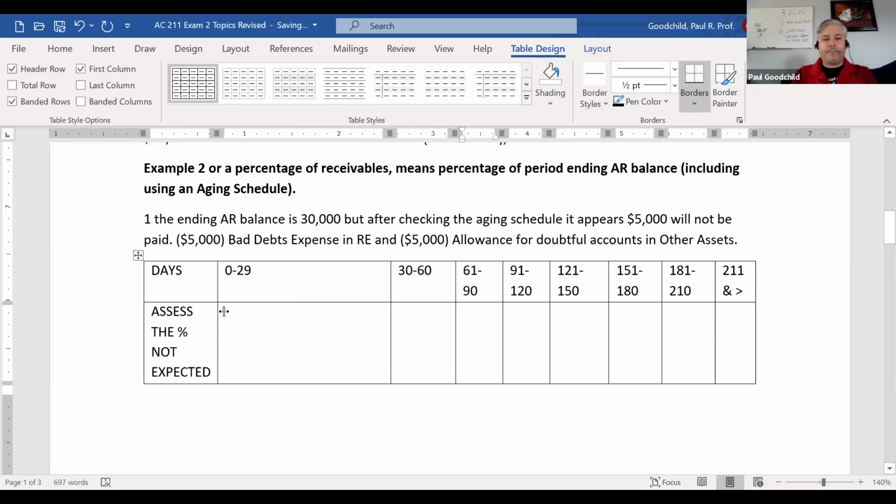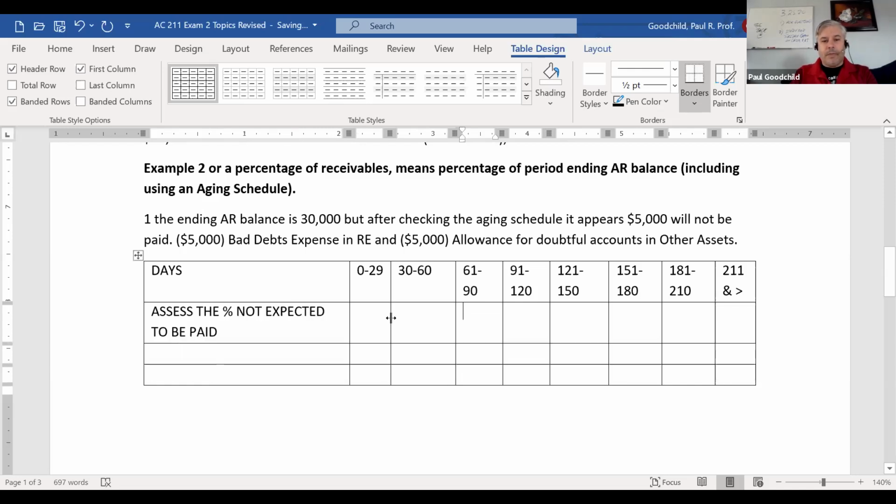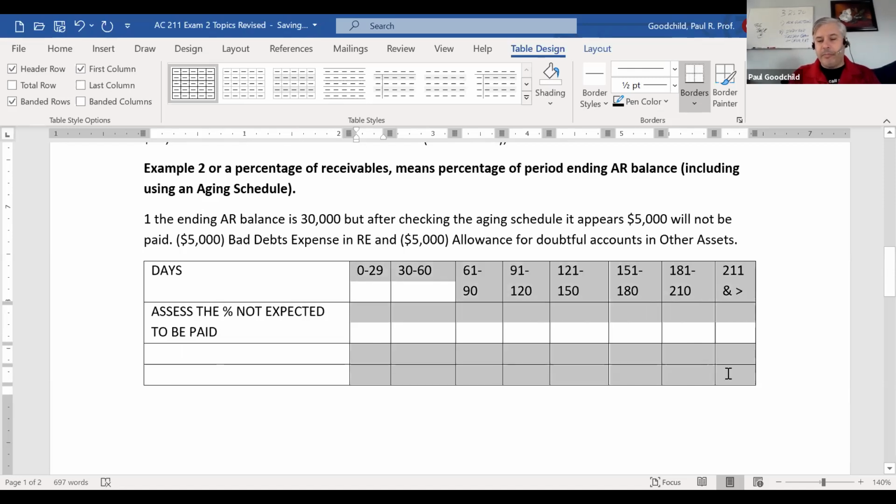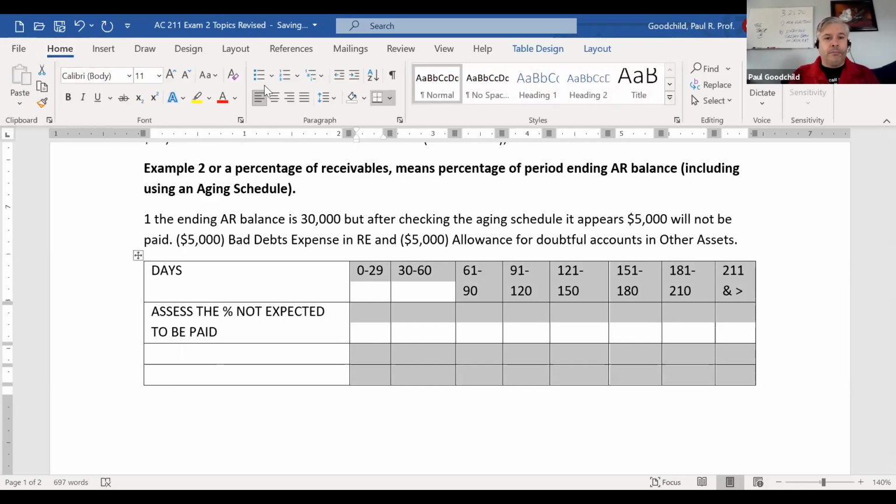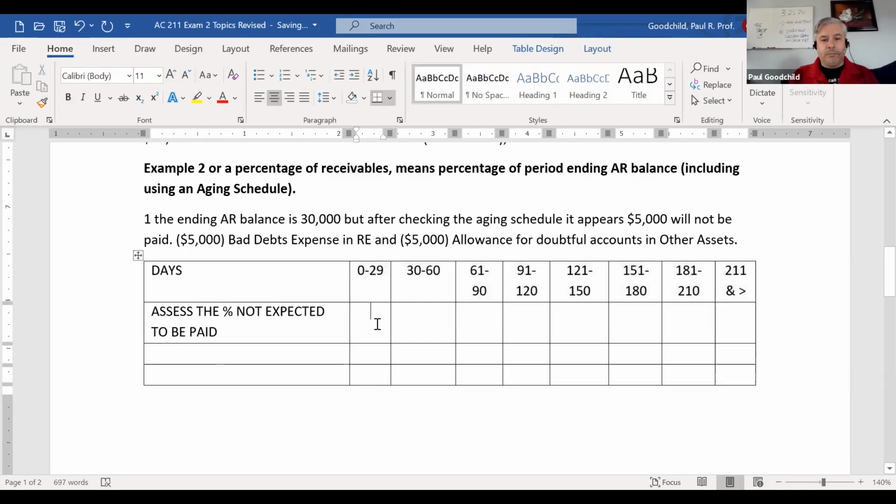Okay. And so in the 0 to 29 bucket, you'd assume everybody's going to pay that. So we'd say, okay, this one's 0%. And this one, we're still fairly low. We're not going to worry about this one. We say this one's 0%. Let's say we're a doctor's office. We go through billing here. We want to start to think about it.